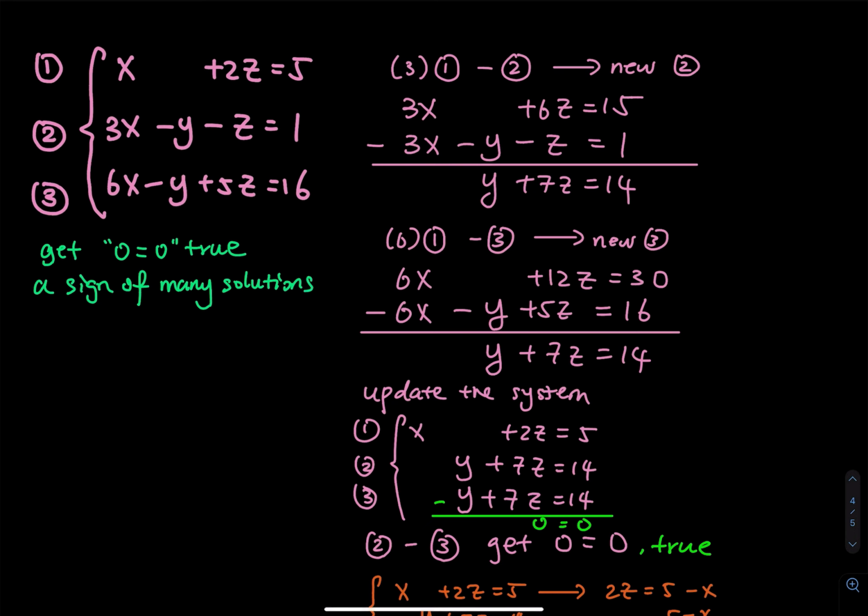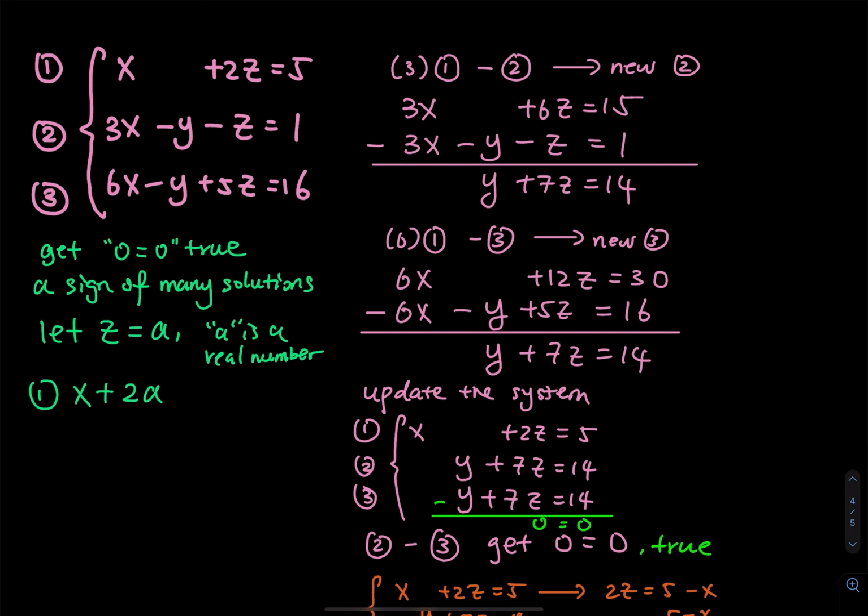When you see many solutions, you have to take another step. So usually we just let z equals a. Okay, so a is a real number, like 5, 6, 2.5, whatever it is. So when z equals a, what happens? Equation 1 is now x plus 2 times a constant value equals 5, then x equals 5 minus 2a.